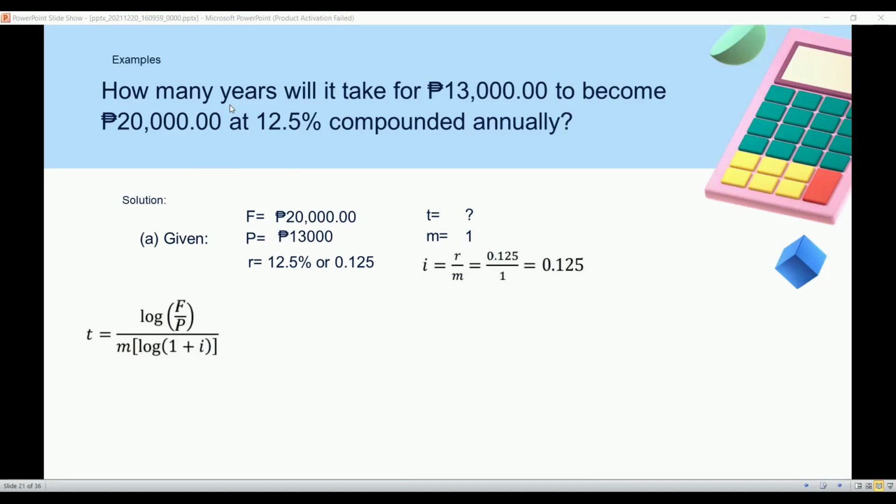So, this is the formula we will use, right? Let's substitute. Log of F, which is 20,000, divided by P, which is 13,000, over M, which is 1, times log of 1 plus our I, which is 0.125.